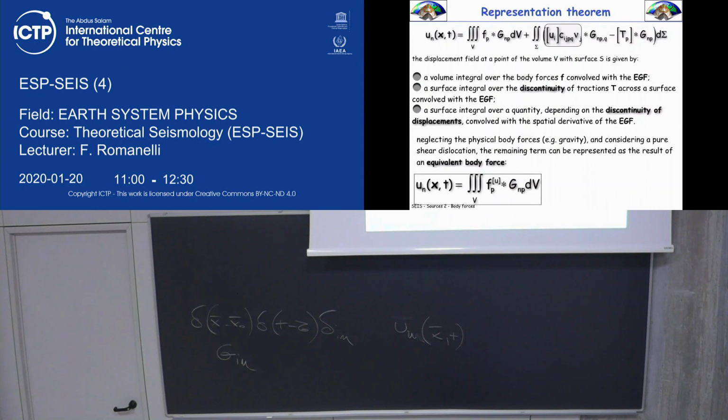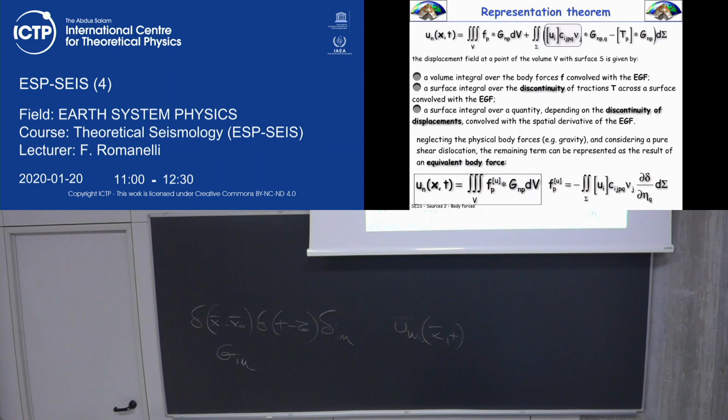We can write the displacement inside the body, the Earth, at a given point x in time t as an integral over the volume of the Green's function convolved by a representing force that is this. If you want, that's the final statement of the representation theorem.